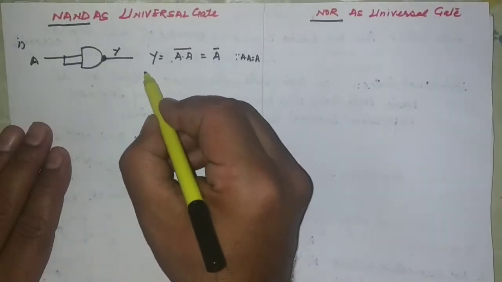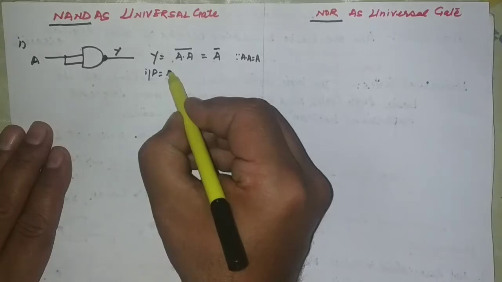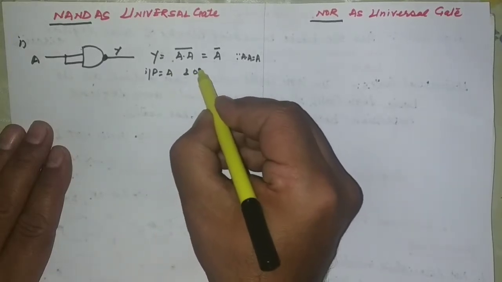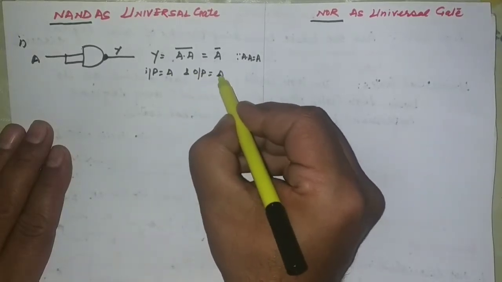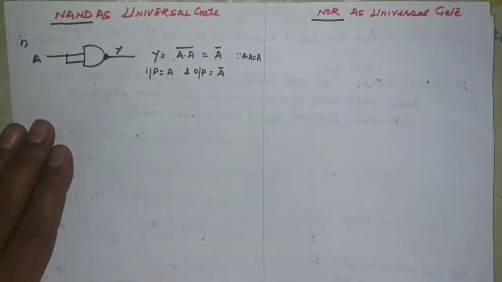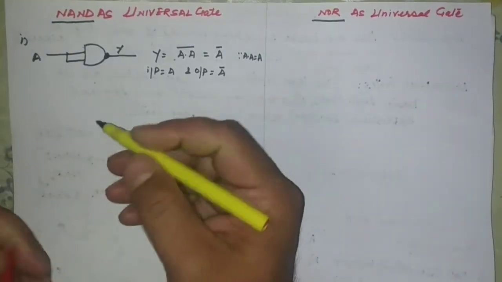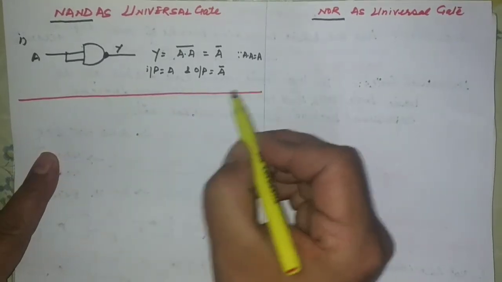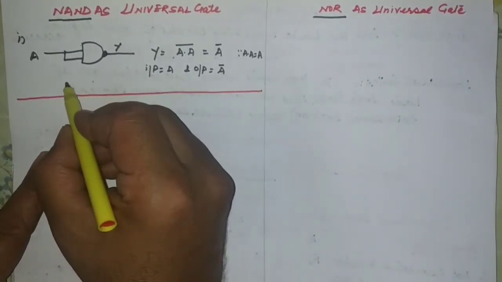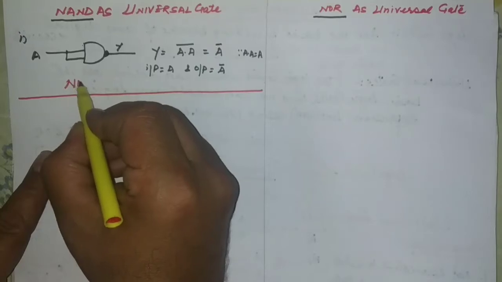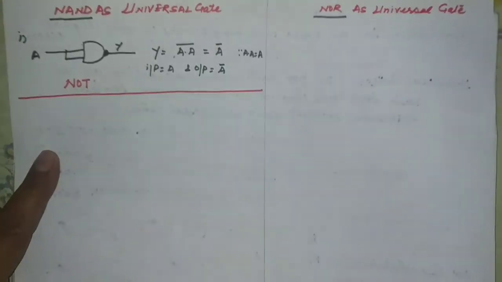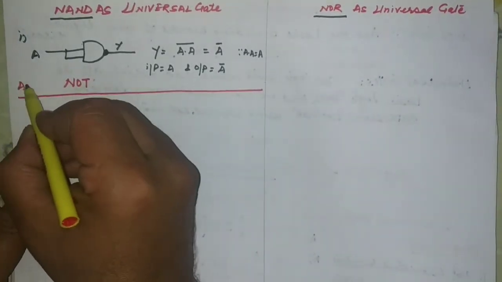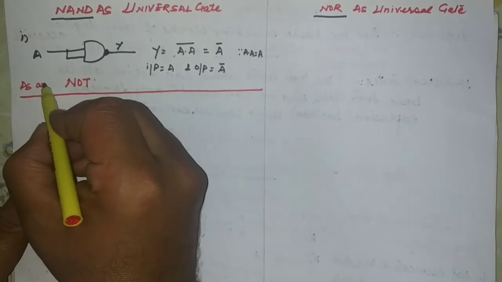So what is the input? Input is A, and what is the output? Output is A complement. It means this particular arrangement is behaving like a NOT gate.